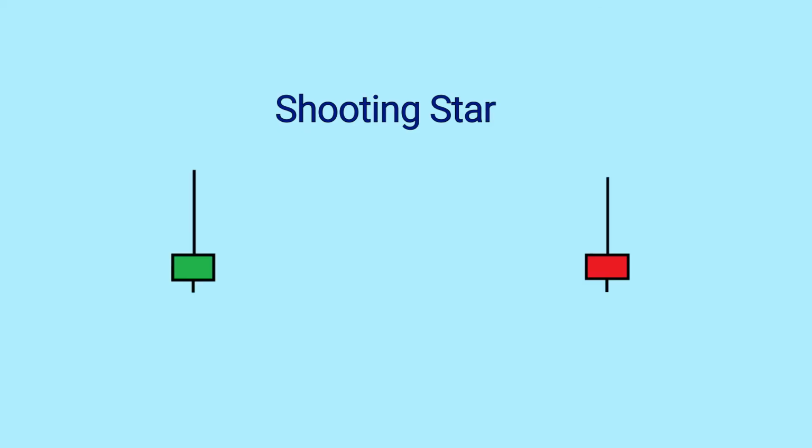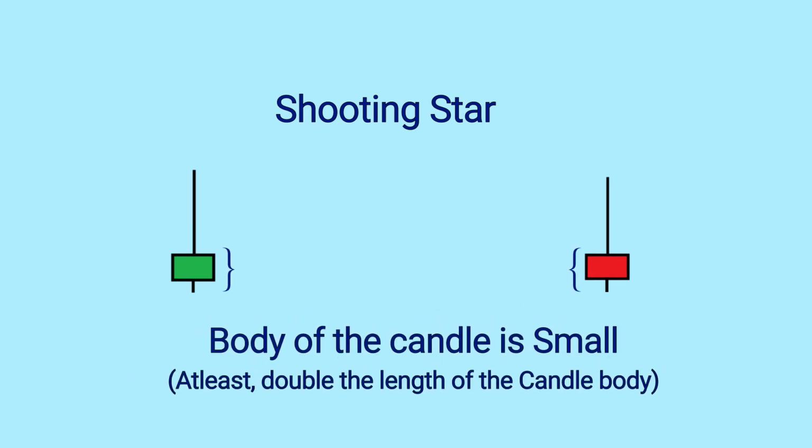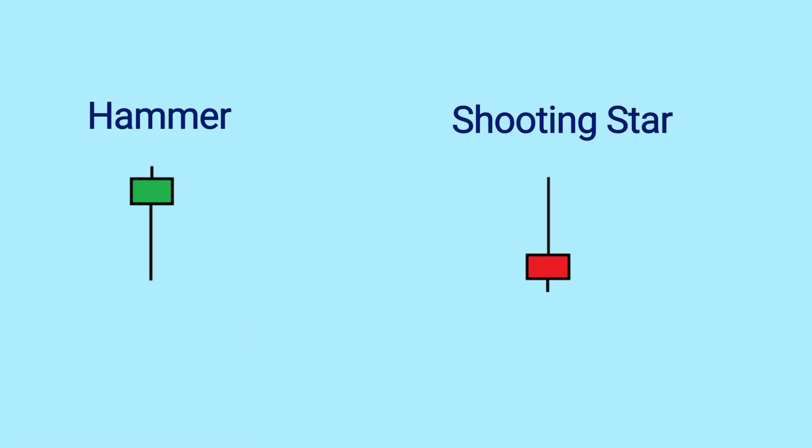So in this case again, the body that is formed should be very small, and this body, in the case of both hammer and the shooting star, in both of them the length of the body should be at least lower than the half of the shadow, or in a reverse way, the lower shadow in the case of a hammer and the upper shadow in the case of a shooting star should be at least twice the length of the body.